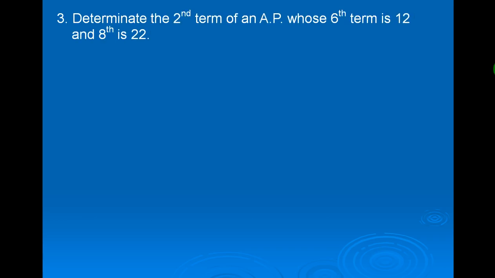Now the third problem is: determine the second term of an AP whose sixth term is 12 and eighth term is 22. Now solution: we are given T6 is equal to 12, that is, sixth term is equal to 12. Put this equation number 1, and T8 is equal to 22, eighth term is equal to 22.